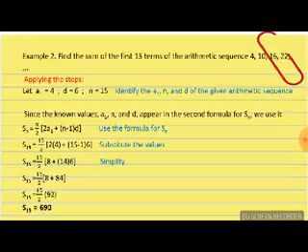Since the known values a sub 1, n, and d appear in the second formula for s sub n, we use it. So we substitute the values and we simplify. That's why we got an answer of s sub 15 is equal to 690.